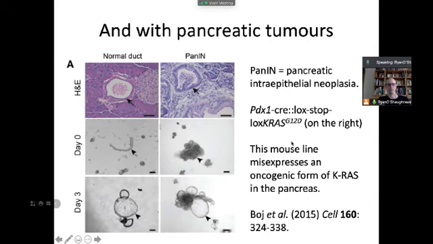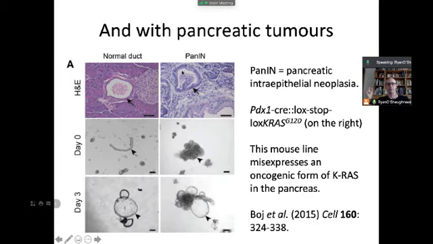This mouse line misexpresses an oncogenic form of KRAS in the pancreas. The result is the growth of neoplastic cells of a tumour within the ducts of the pancreas. We can also grow organoids, so we can take ductal epithelium as per normal and grow a normal organoid in our control mice.